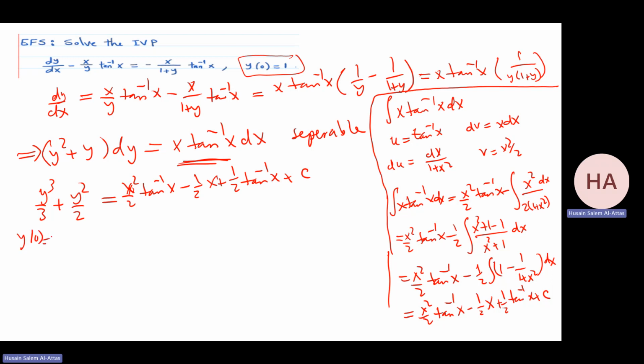y at 0 equals 1. So I have 1 over 3 plus half. This is 0, this is 0, this is 0, equals c. So c is what? 5 over 6.